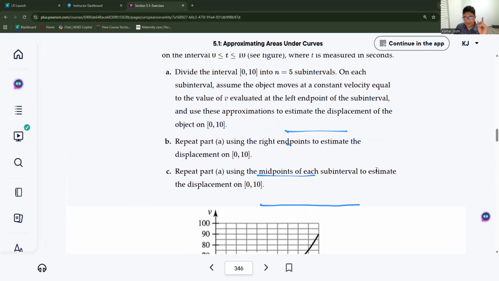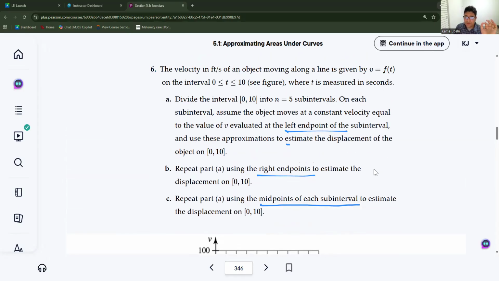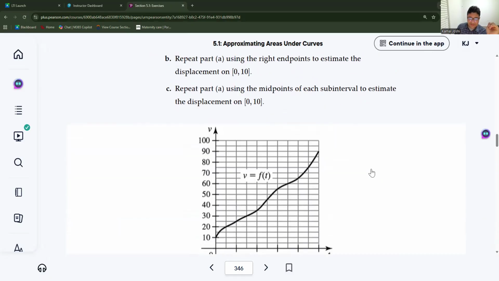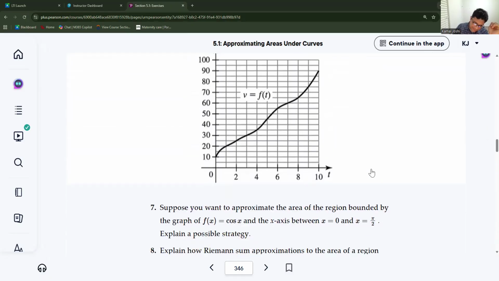What will happen? Which one will be underestimate? Which one will be overestimate? And which one will be difficult to say? Let us discuss that. Because this is an increasing function, using the left endpoints, for example, if you are doing 5 subintervals, your first interval will be from 0 to 2.